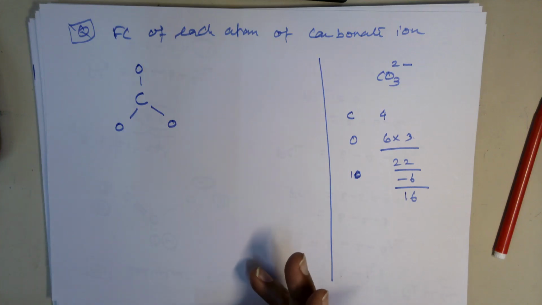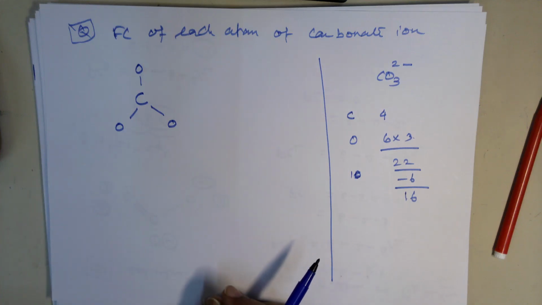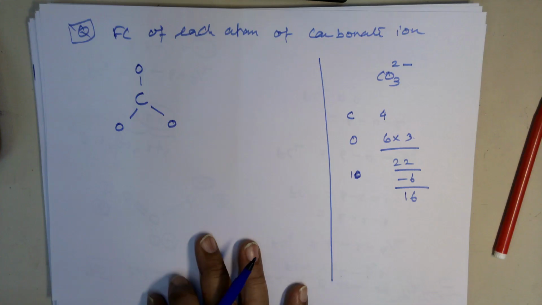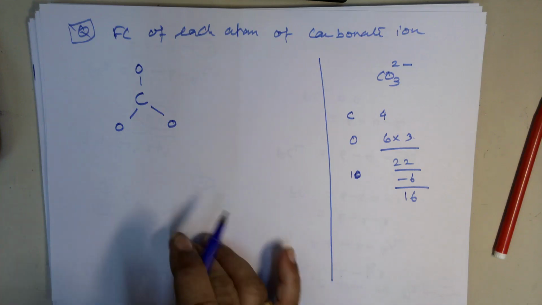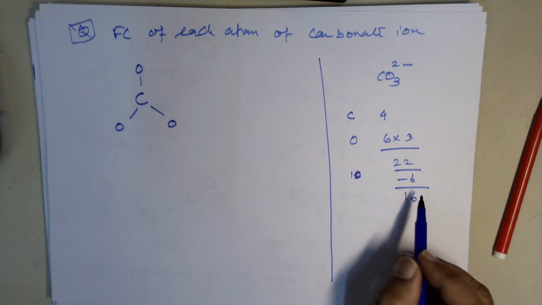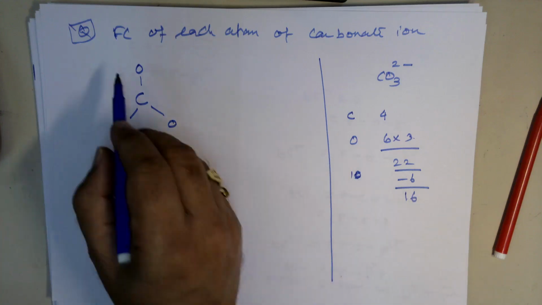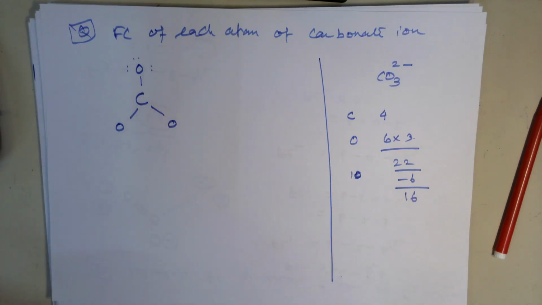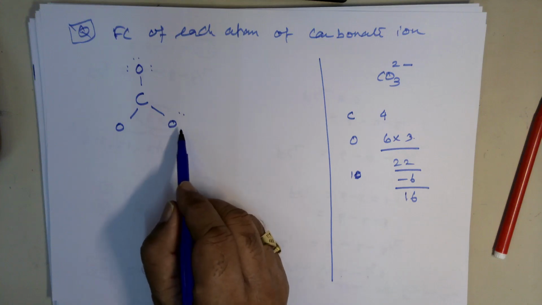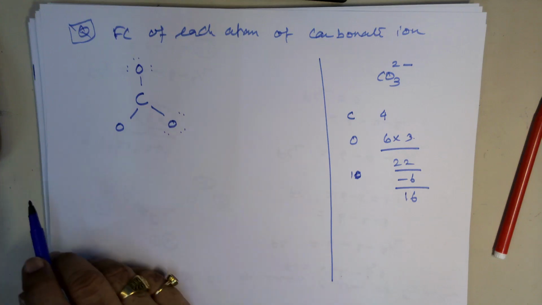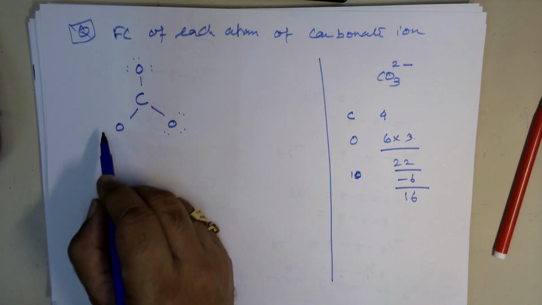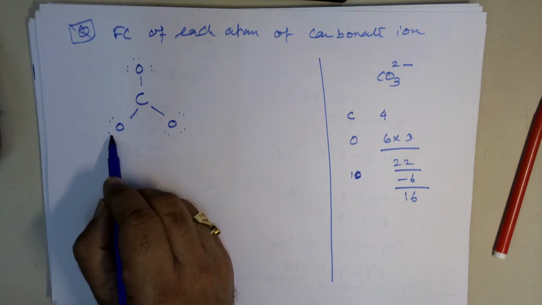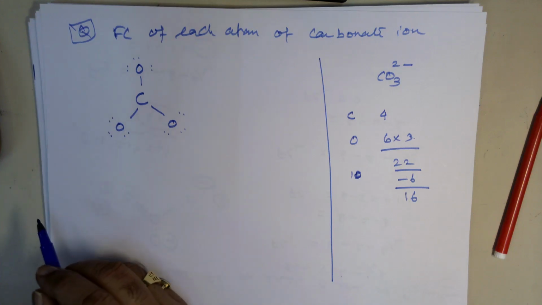Now identify the most electronegative atom and put the pairs of electrons. All the oxygens are more electronegative than carbon, so let us give the weightage there. The total is 16. 2, 4, 6 on one oxygen, similarly 2, 4, 6 on the others.